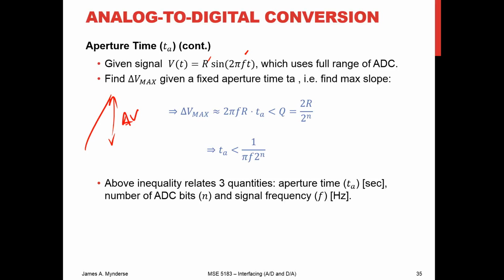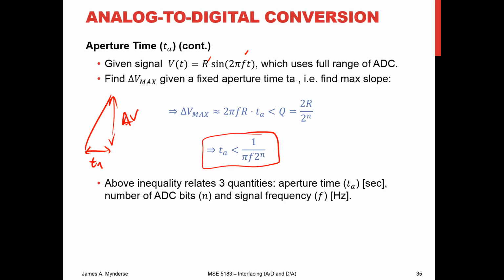and we want to know delta V, and we also have aperture time. So we can set that delta V less than Q, and so we get that it's going to be 2R over 2 to the n, that's our Q. And so if we rearrange this, we get that the aperture time must be less than 1 over pi f 2 to the n.